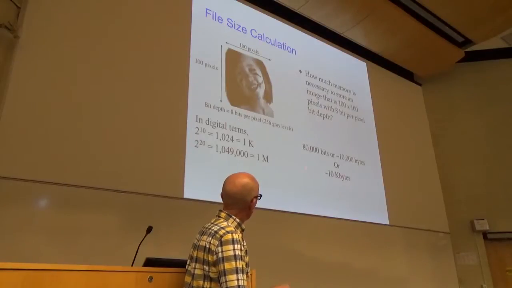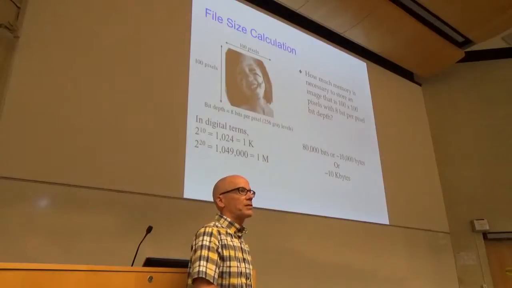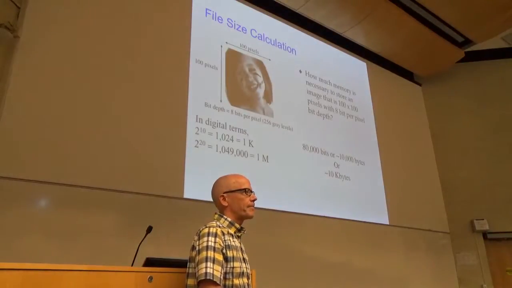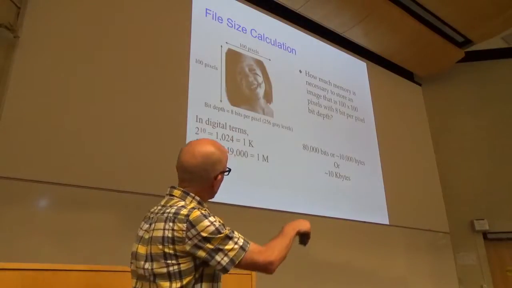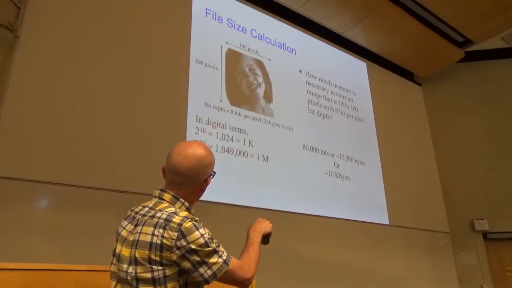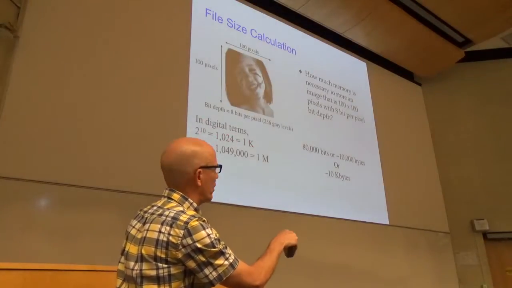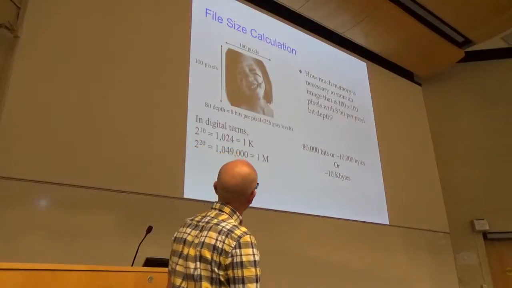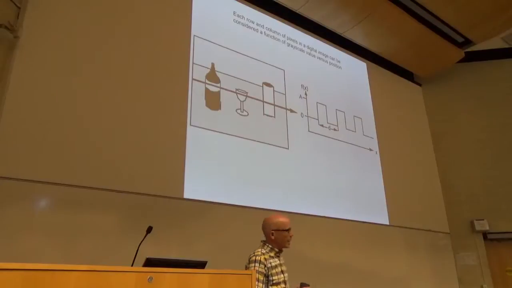If I do the calculations, it's going to take this much computer space to store that image. That's what I have to do. This is approximate, and here's just that in digital terms, this is not exactly 1,000. That's why I've got the approximate here. Okay, so that's some of the spatial stuff, sampling and quantization.